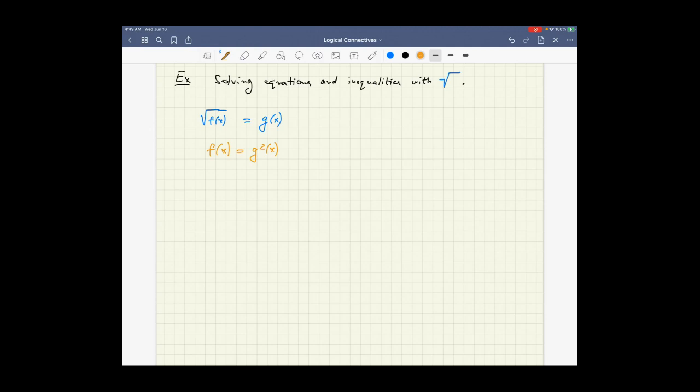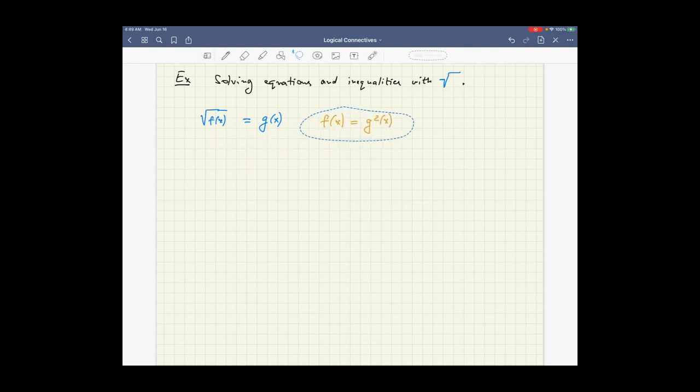The problem here, why this is a mistake, is that there might be some values of x making this true, such that for those values of x, g is negative, making this impossible.